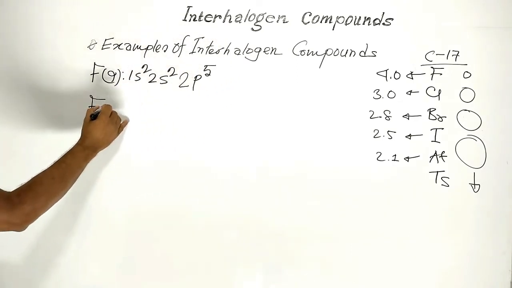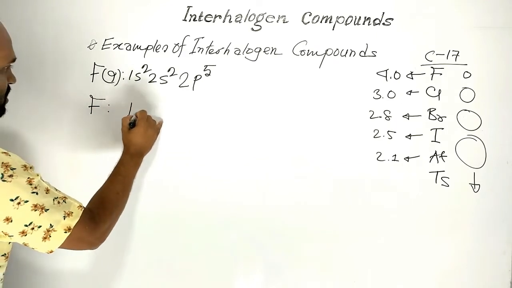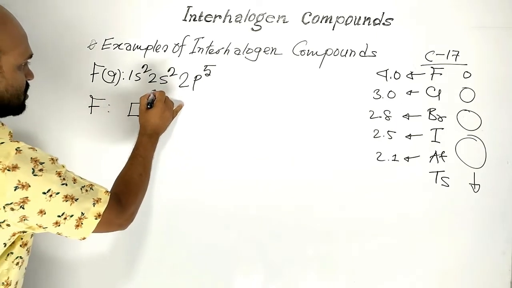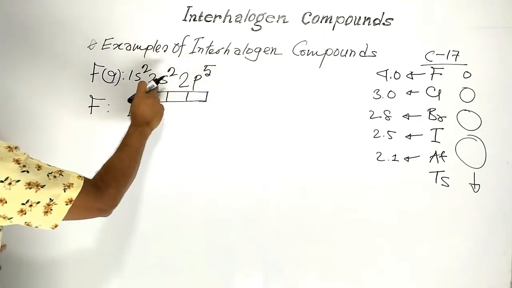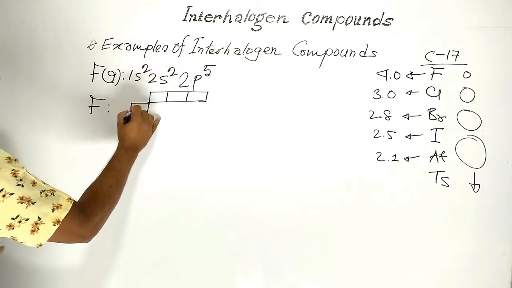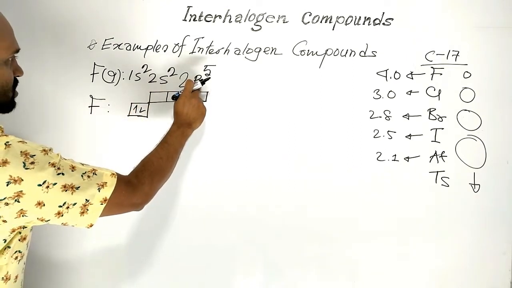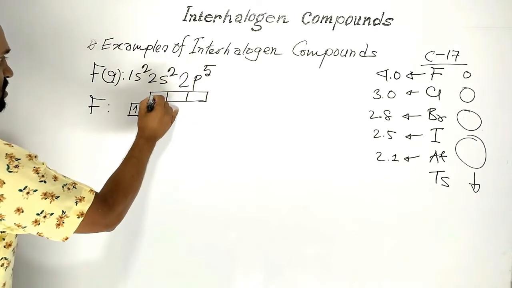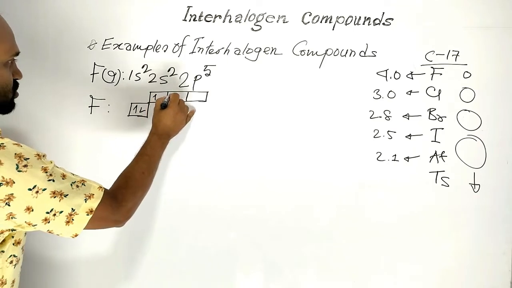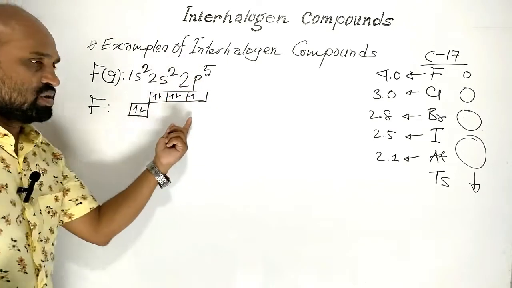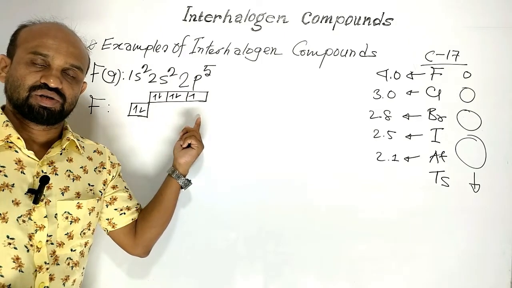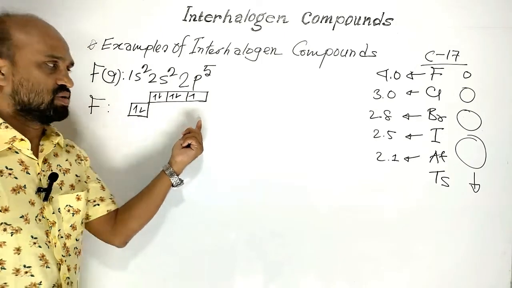Let's see electronic configuration in box method, outermost shell. 2s orbital contains 2 electrons and 2p orbitals contain 5 electrons. Electrons are distributed according to Hund's rule.